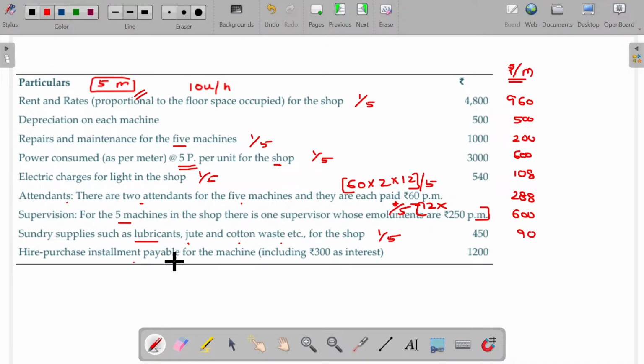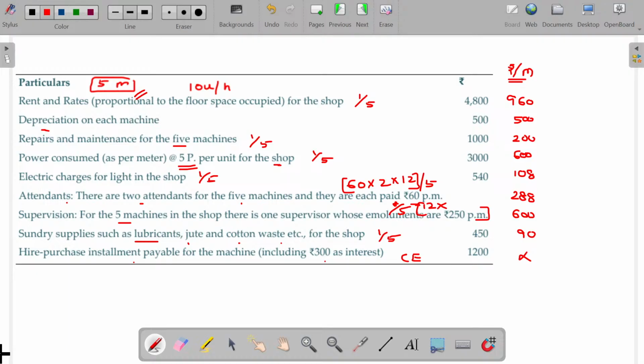Hire purchase installment payable for the machine, including 300 interest. This is not required, because it's the cost of the machine. Capital expenditure. It's not an expense. This capital expenditure will not be a part of expenses. Only depreciation of the expenditure will be your part. You purchase the asset for 5,000 rupees. Over a 4 year period, you are going to amortize, means every year you are going to debit 1,000 rupees, not 5,000 rupees.